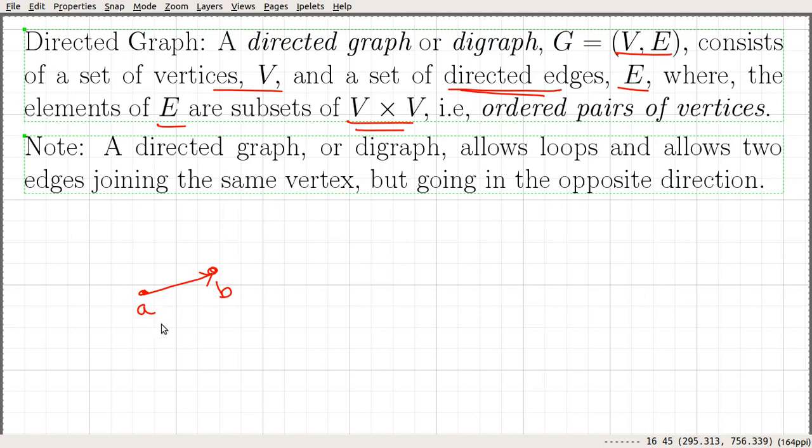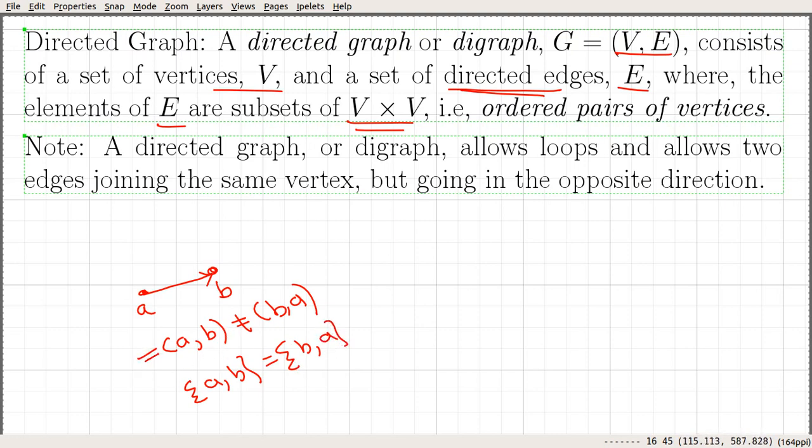For example, in this case, we denote this edge as this ordered pair (A, B). Okay, and since we are considering ordered pairs, (A, B) is not equal to (B, A). So that's the difference between a directed graph and an undirected graph. In the case of an undirected graph, we denote an edge something like this, and we can see that the set {A, B} is equal to the set {B, A}.